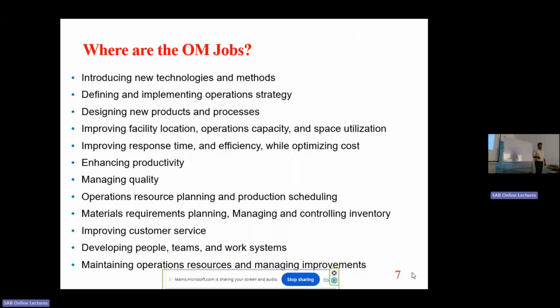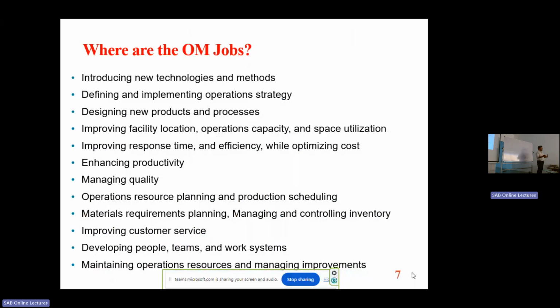Right now, as you understood at the beginning, these are some of the key operations management responsibilities. Are they challenging decisions for operations managers in today's context? Yes, to a great extent, they are challenging because things are changing faster.